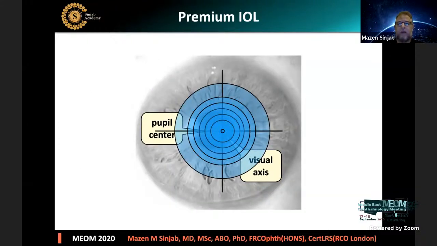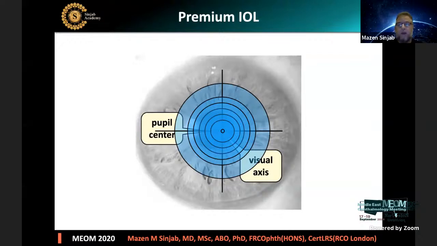In addition, the angle kappa should be taken into consideration when we implant premium IOLs, because usually when we put the lens, it centrates itself within the bag. So the lens doesn't respect the visual axis, doesn't respect the pupil axis. It respects the geometrical center of the capsular bag.